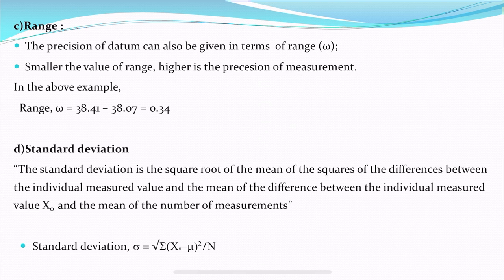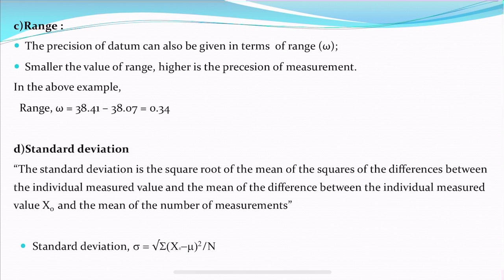So standard deviation is represented mathematically as sigma equals the square root of epsilon into x naught minus mu the whole square divided by n. Here n is the number of measurements made, and x naught is the individual measured value. x naught means observed value: o means observed, x means value.